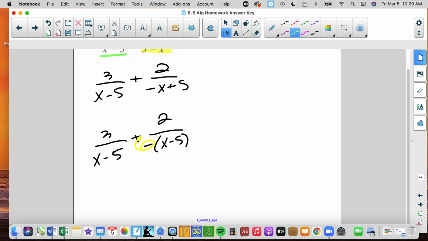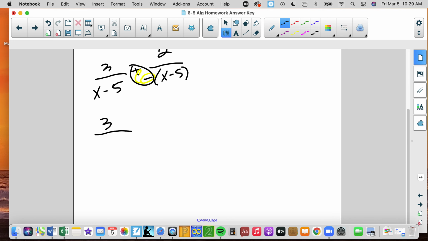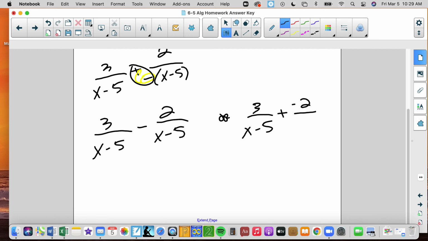So you can write this problem. You can do two things. You can combine these two, and you can write it as 3 over x minus 5 minus 2 over x minus 5, or you could have written it as 3 over x minus 5 plus negative 2 over x minus 5, meaning you threw it all the way up to the top, as opposed to that sign.